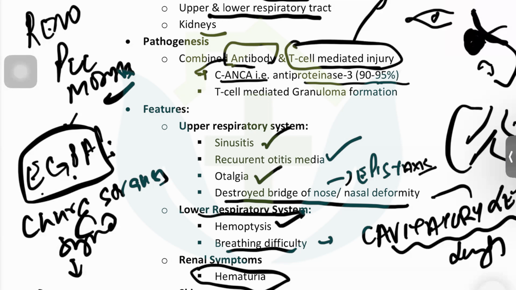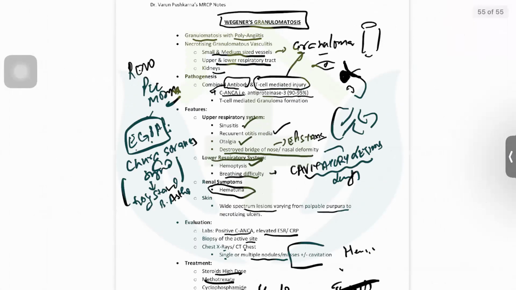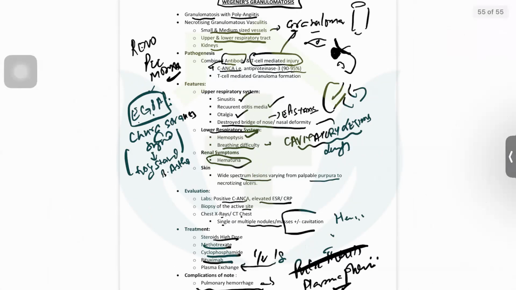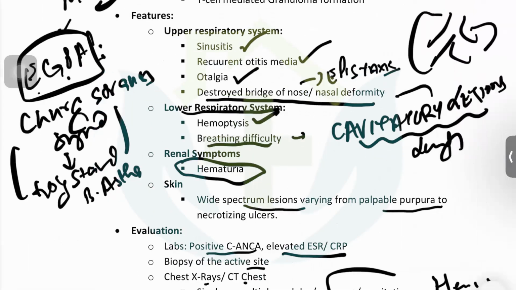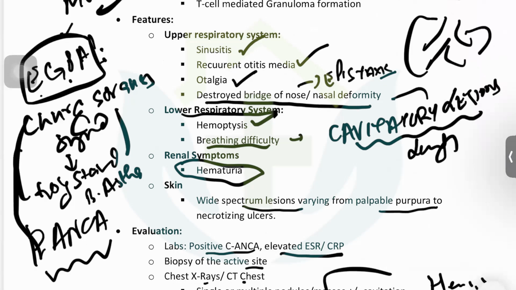Usually there is a history of long-standing bronchial asthma, and it is also a renopulmonary syndrome, so kidney and lungs will be involved. Similarly, the treatments are the same: steroids, methotrexate, cyclophosphamide, and the ANCA positivity is P-ANCA for Churg-Strauss. Okay.